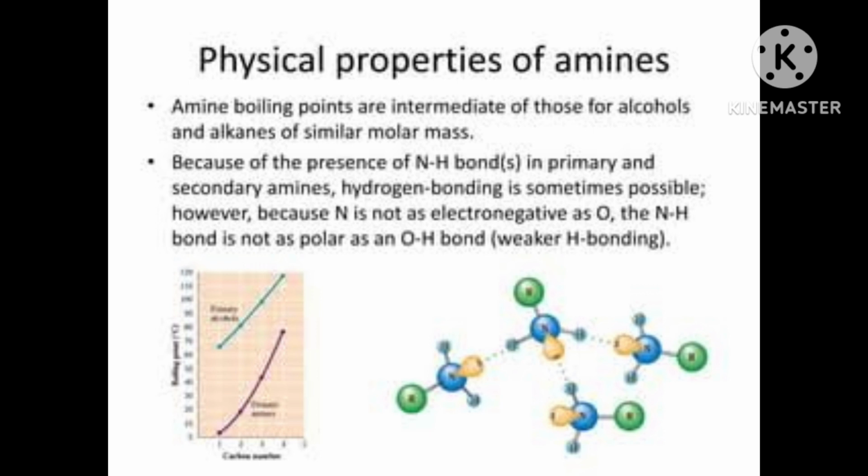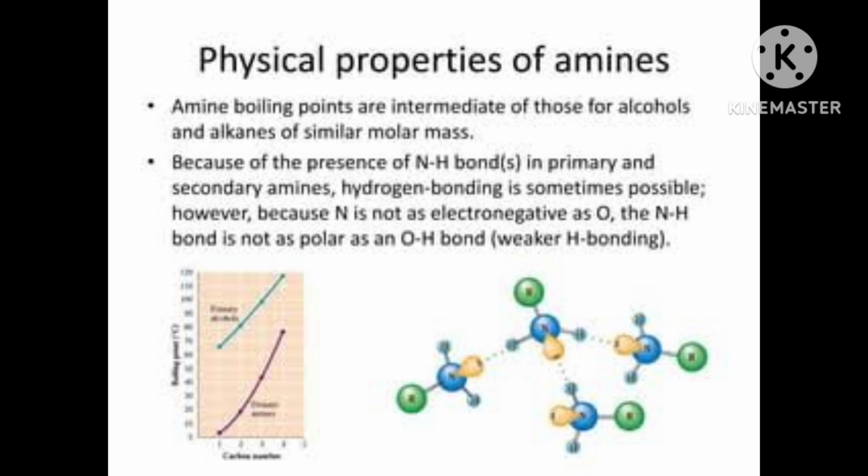Benzamide is an aromatic amide containing 7 carbon atoms. Hence the amine formed from benzamide is an aromatic primary amine containing 6 carbon atoms, 1 less.